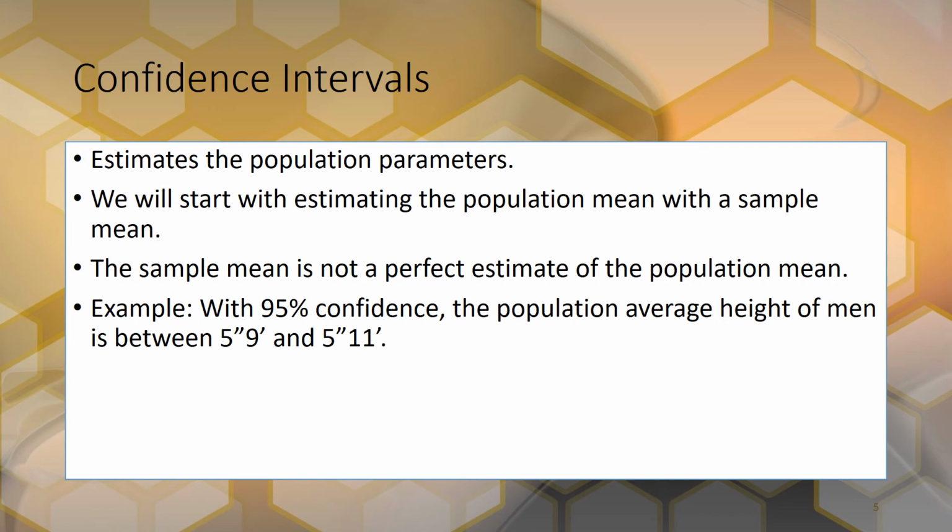So what we do is we put a range on the confidence interval. So here's an example of a confidence interval. With 95% confidence, the population average height of men is between 5'9" and 5'11". So we're estimating the population average height of men. We put a range on that.